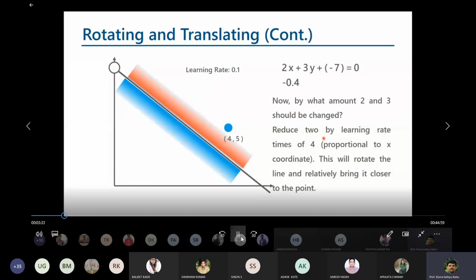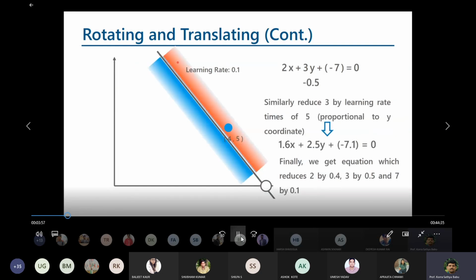So now reduce 2 by the learning rate times 4. This 4 is proportional to the x coordinate, and this will rotate the line and relatively bring it closer to the point. So earlier this line was somewhere here and we made it a little bit to this side.